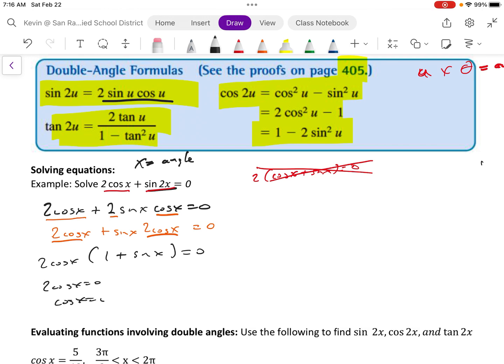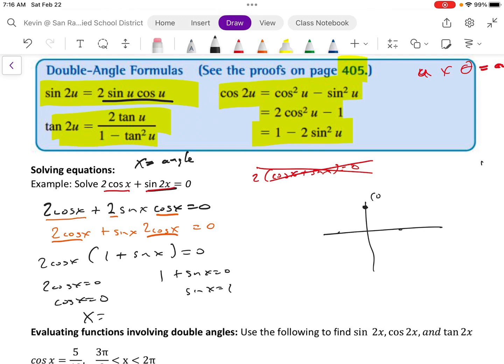So we go 2 cosine x equals 0, cosine x equals 0, and 1 plus sine x equals 0, sine x equals 1. All right, so what angle has a cosine of 0?